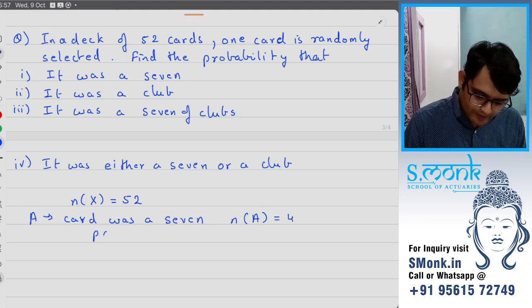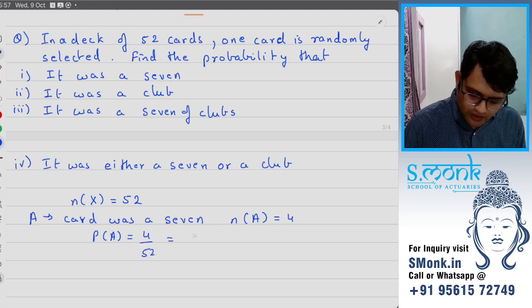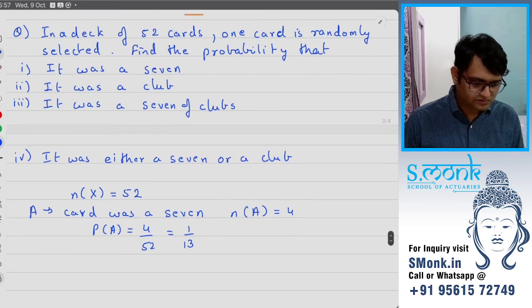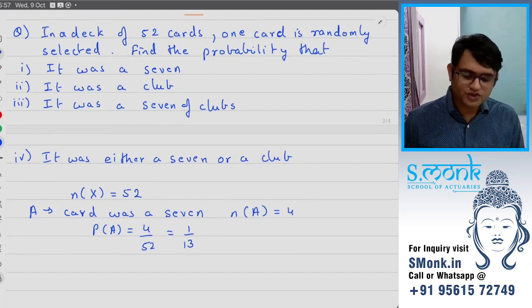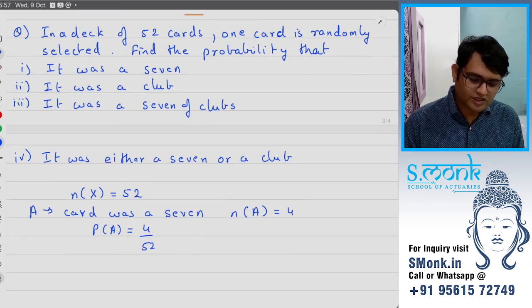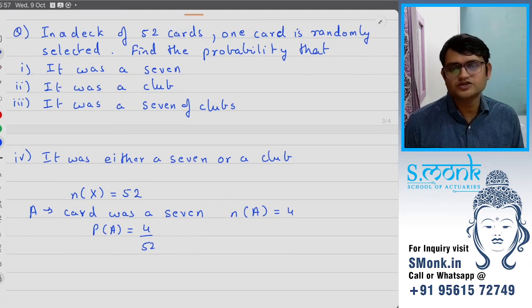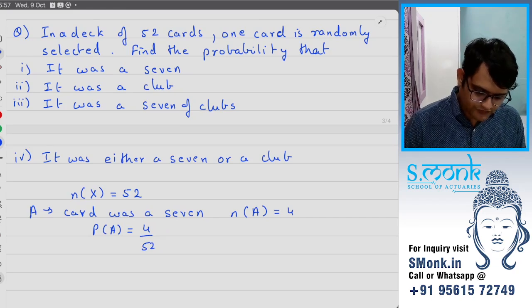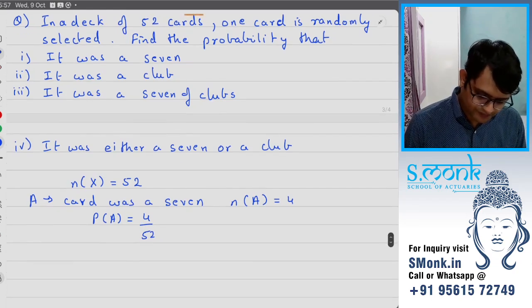So we'll say probability of card being 7 will just be 4 by 52 or 1 by 13. For these questions I will just keep 4 by 52. It will be easier because denominators will be the same. It will be just easier for us to calculate. This is my first.